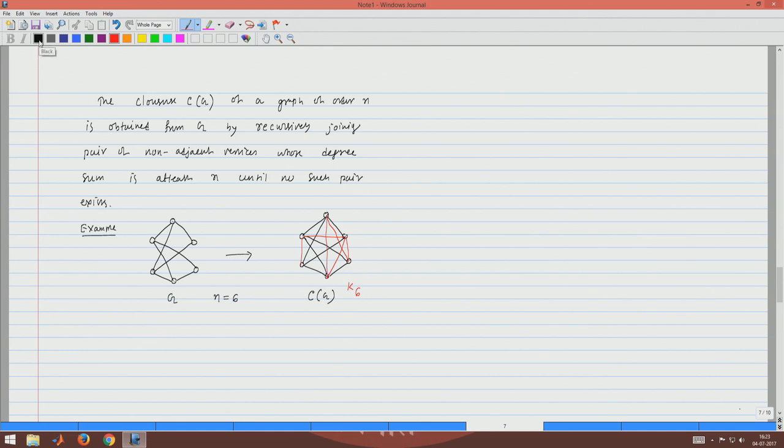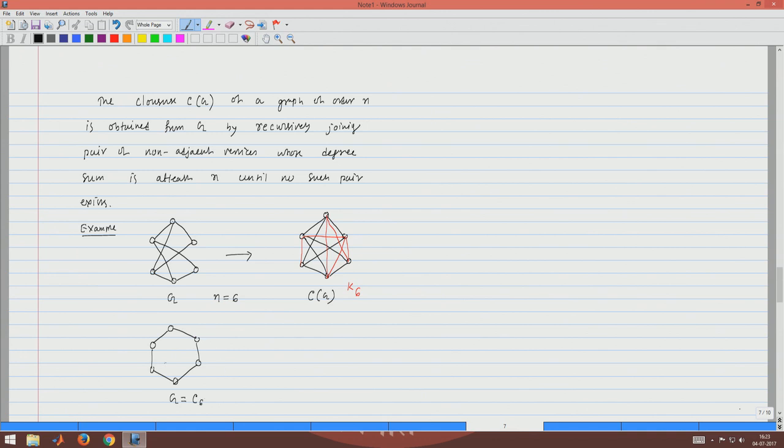Now, if I take this graph, for example, this graph is also having 6 vertices, the graph G, which is a cycle of length 6, C6.